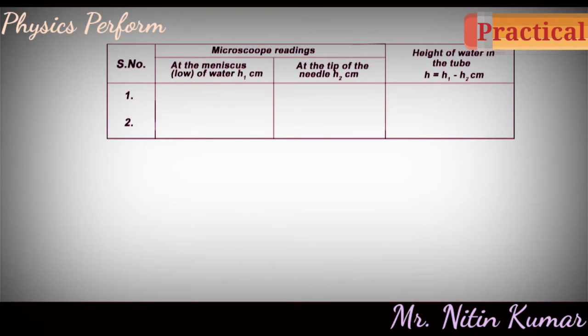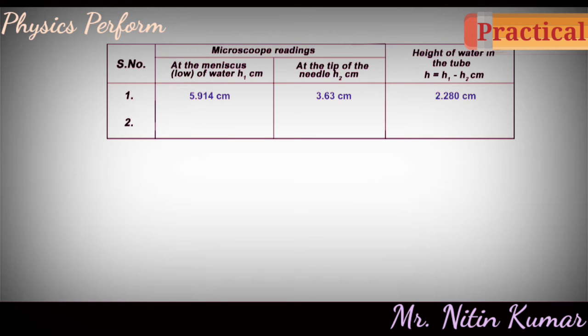The travelling microscope reading, when the cross mark is focused on the lower meniscus of the water, is 5.914 centimeters. Travelling microscope reading, when the cross mark is focused on the tip of the needle, is 3.63 centimeters. The difference between these two values gives us the capillary rise h, which is equal to 2.280 centimeters.